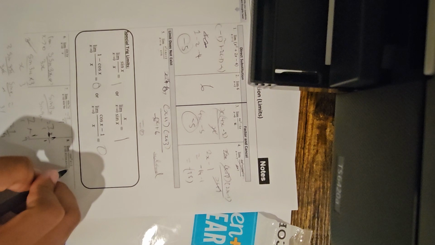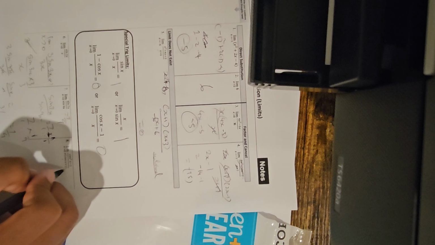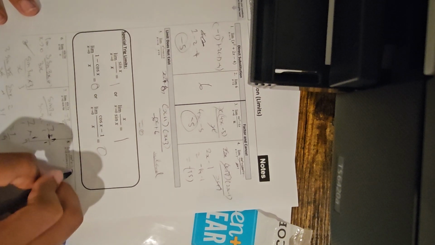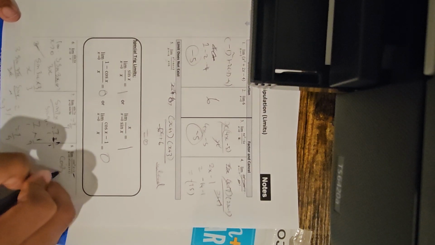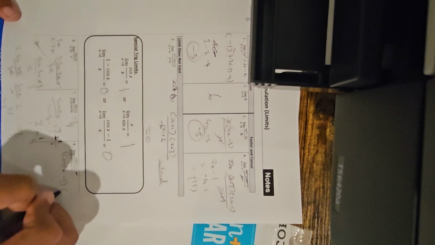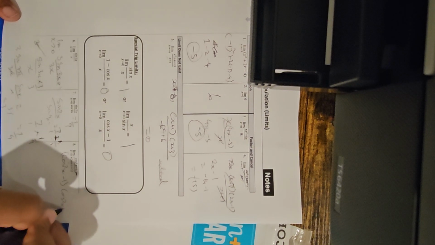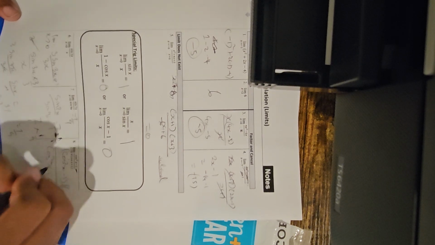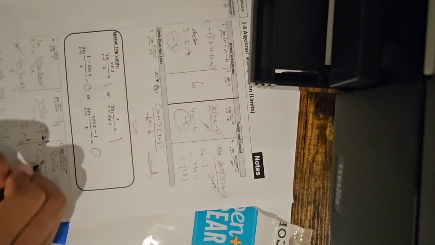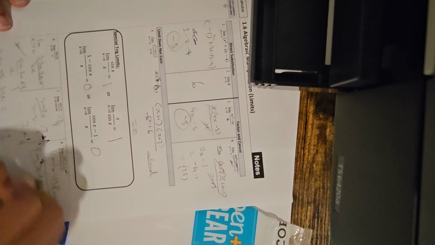Cosine squared x minus 1 over. This might get a little tricky here. We have cosine squared of x minus 1, over cosine of x plus 1. This would cancel out.